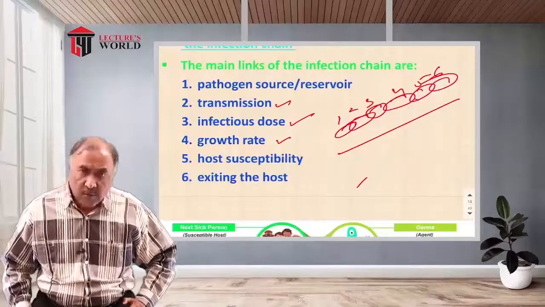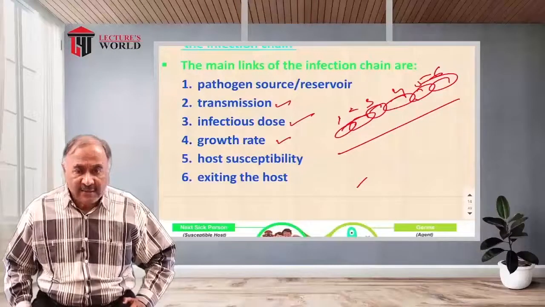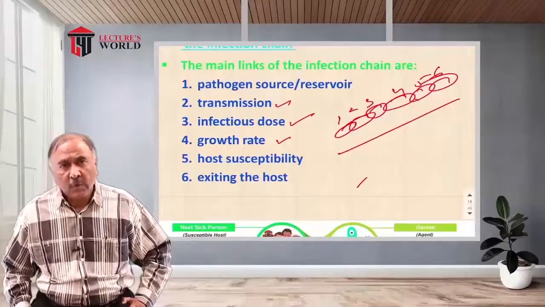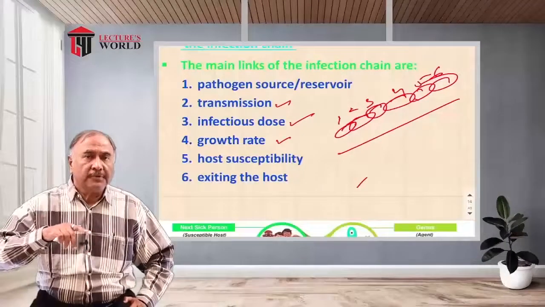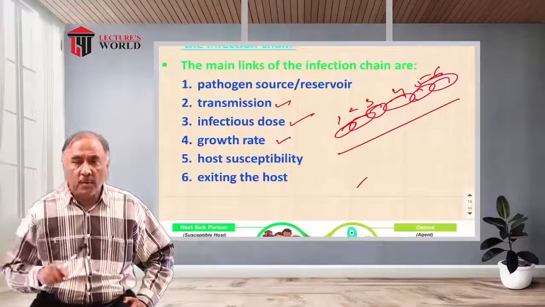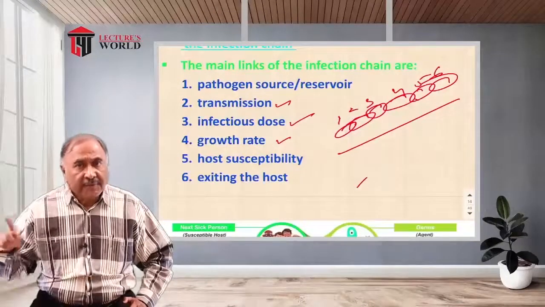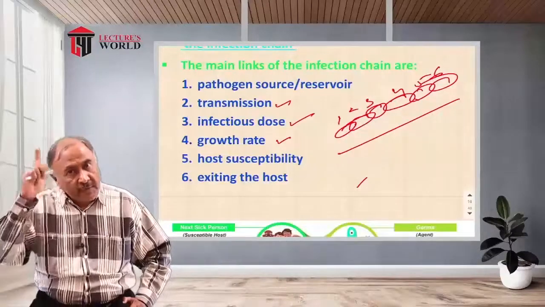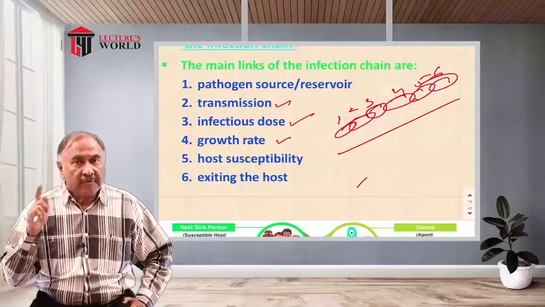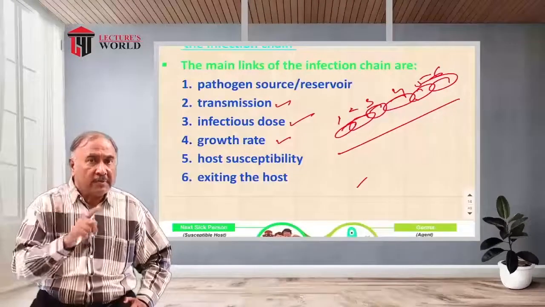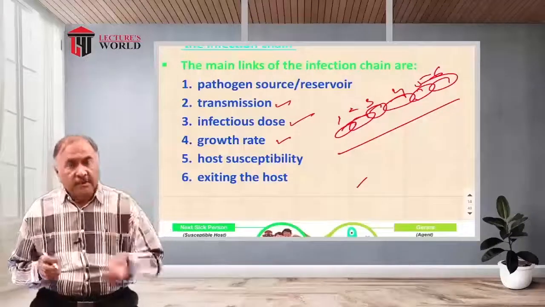And then we have host susceptibility, followed by exiting the host. Host susceptibility means the pathogen which has entered into a new host, will it suffer from the same disease as we have seen in the earlier host? The requirement for a potential pathogen: from every disease, the causative agent should be able to be isolated.